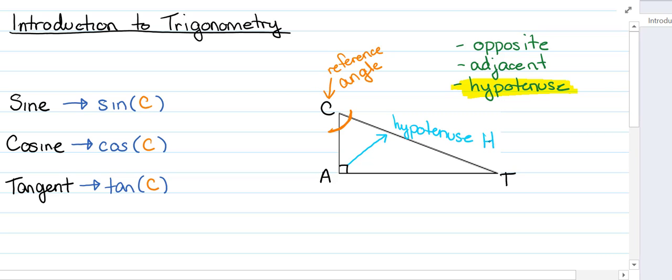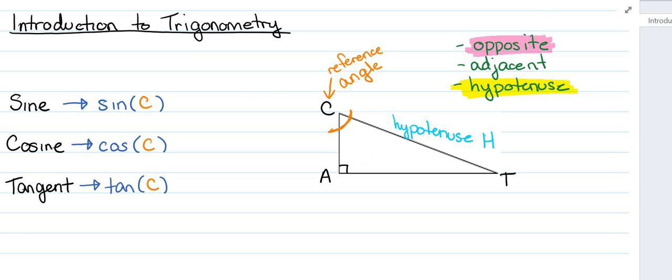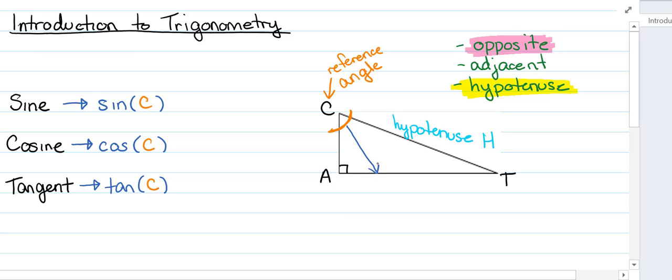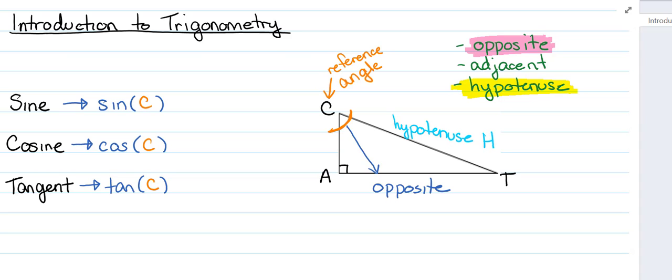Another word that might look familiar to you is opposite. So now we do have to go back to that reference angle. If angle C is our reference angle, we want to label the side opposite to angle C. So similarly to how we did the side opposite to the right angle for the hypotenuse, our opposite side is going to be the side opposite of angle C. So side AT is going to be our opposite side, or again, sometimes we might like to label that just with an O for opposite.